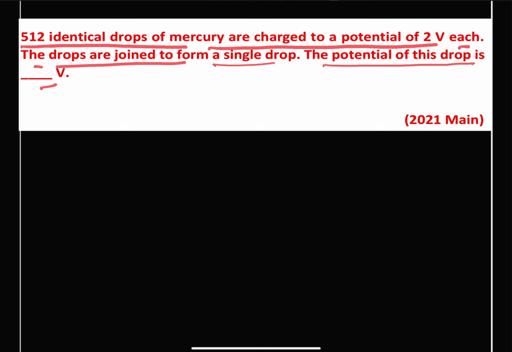so we are having a small drop. Let us suppose its radius is r and the number is 512. They all are being combined to form a bigger drop, and let us suppose its radius is capital R. And the potential of each drop is 2 volt.